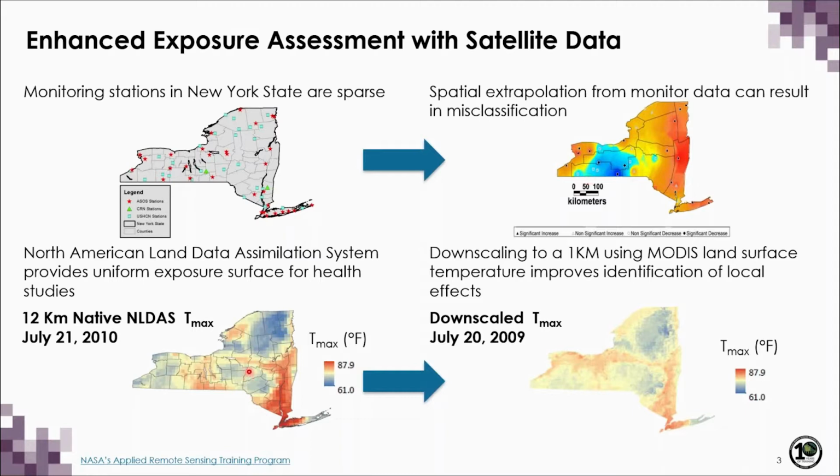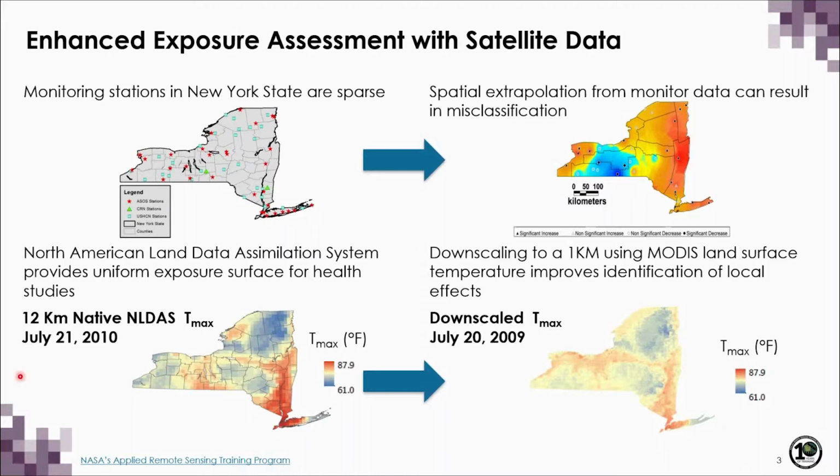So we were funded by NASA ROSES program. We applied for it, and we were funded in 2015. And this has allowed us to use the 12-kilometer national North American Land Data Assimilation System that is available for the contiguous United States. And this allows us to capture spatial variation within counties.